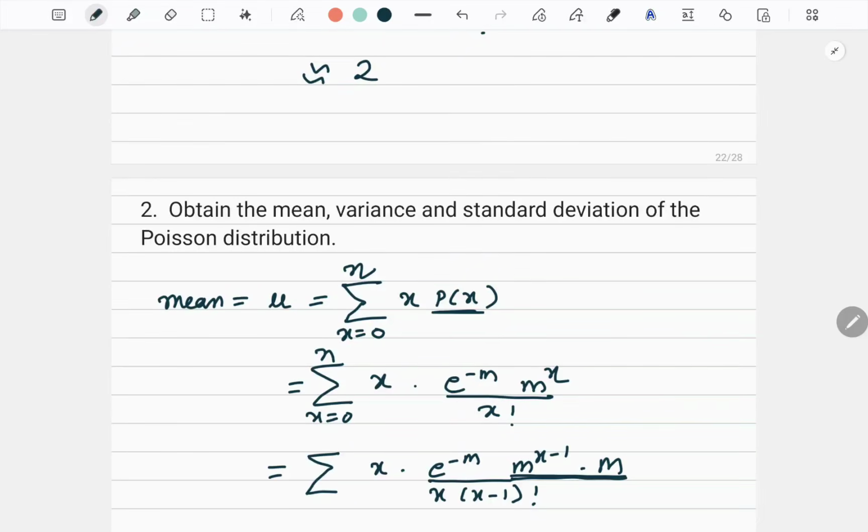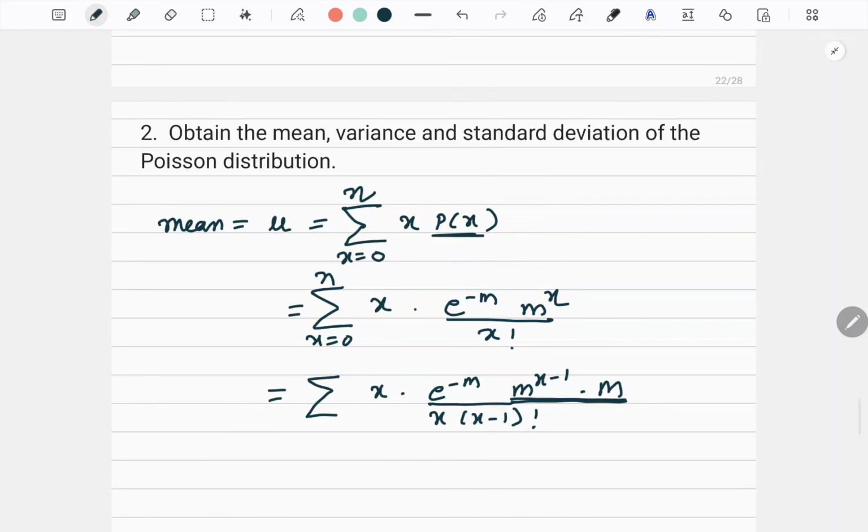See, if you remember the binomial distribution, the same derivation we did. There also I reduced n factorial to n minus 1 factorial, x factorial to x minus 1 factorial, and p to the power x I split as p to the power (x minus 1) into p. Same thing I have done here with m. Right? Now, the moment you do this, the limit has to be changed from 1 to n because I should not have a negative factorial.